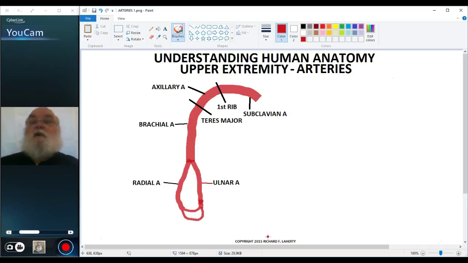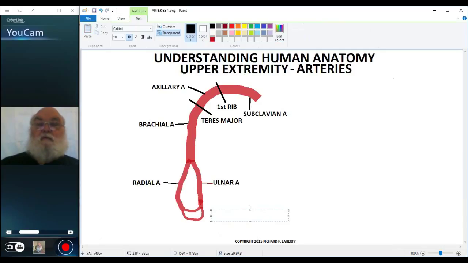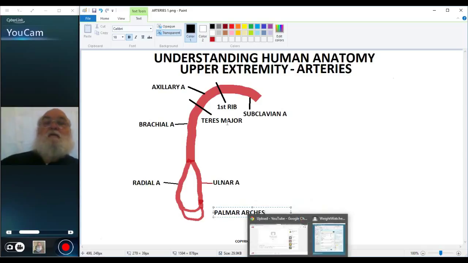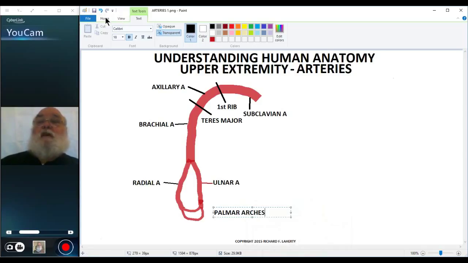I've separated them vertically because I can't draw the 3D on this diagram. So these are the palmar arches, superficial and deep.